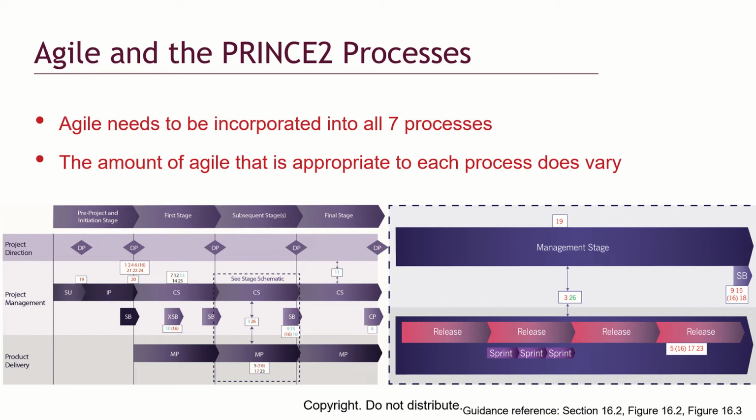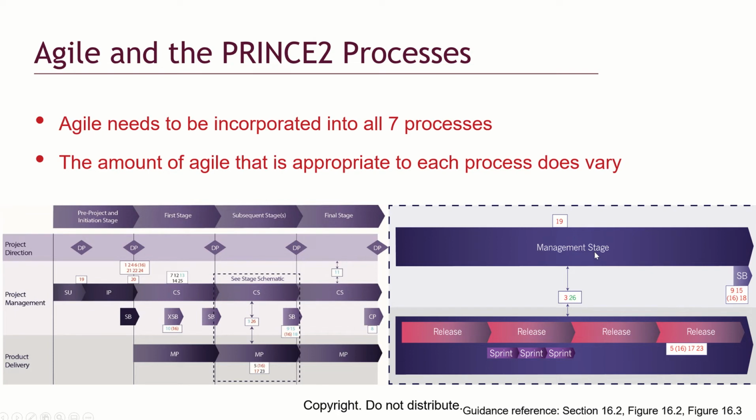So there are a variety of Agile approaches, and only one release can take place per stage. If you look at the second slide, you will see that for Prince2 itself, you have project direction, project management, and project delivery. For the Agile, you have this management stage.